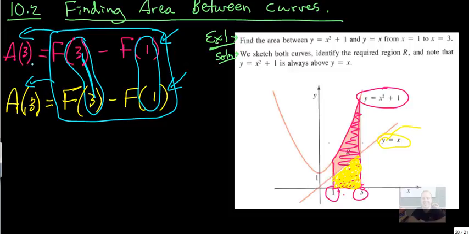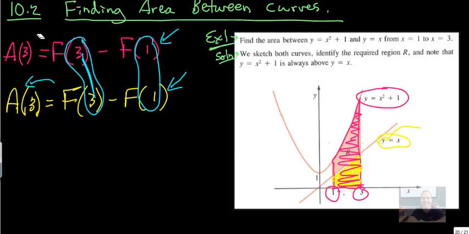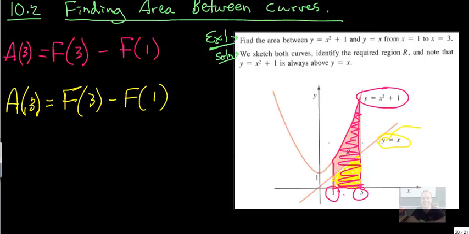For function 1 and function 2, we're taking the difference. But we can also back it up a step further. I'm going to first do this, and then show you another method and why it works. So let's go ahead and do this, and we'll come up with a value for the area of R.